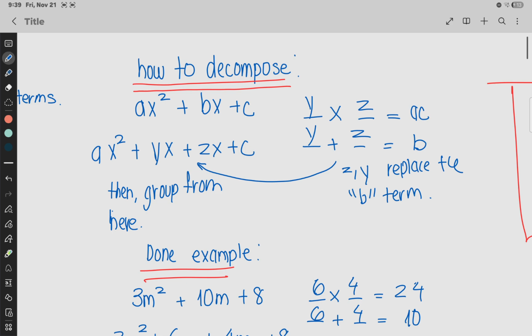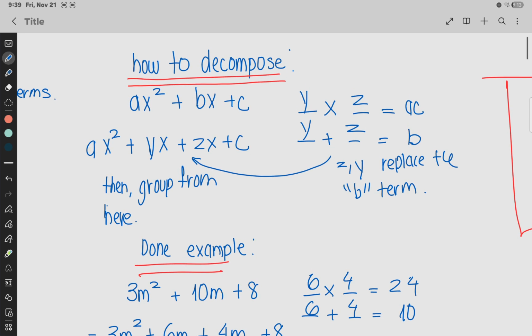We have a complex trinomial in the form ax squared plus bx plus c. We're doing the same thing as factoring in the last lesson: we have two numbers that multiply to something and add to something. But this time, instead of multiplying to c, we want two terms that multiply to ac, that is, a times c, and two terms that add to b, which remains the same.